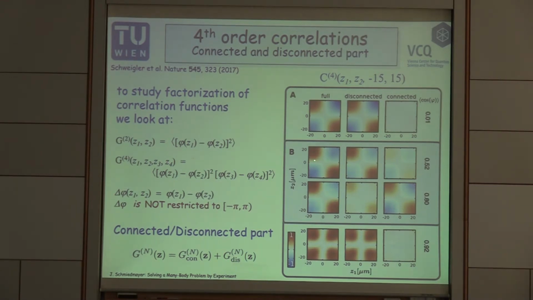Now, and then you can go here and look at, if you populate large fractions of the cosine, you see a significant connected part of the correlation function. Yeah? Now we can do that. This is basically a local measurement. We can basically know how important our interactions were.